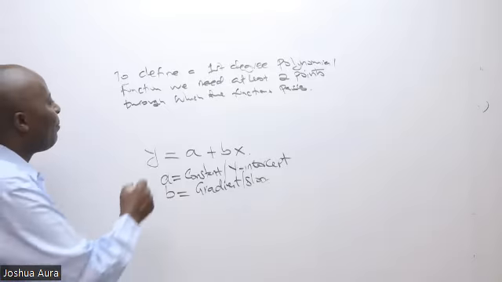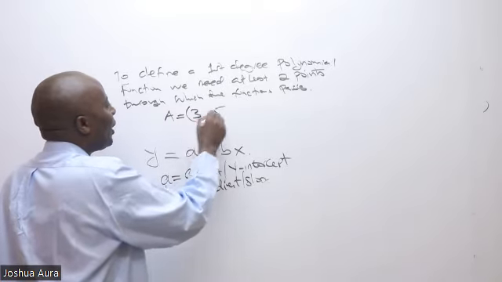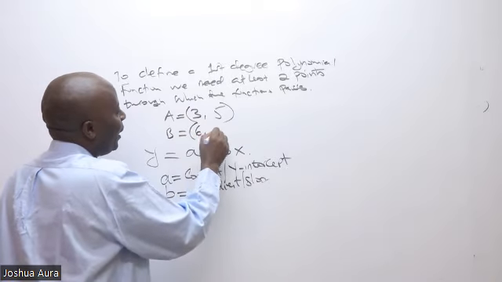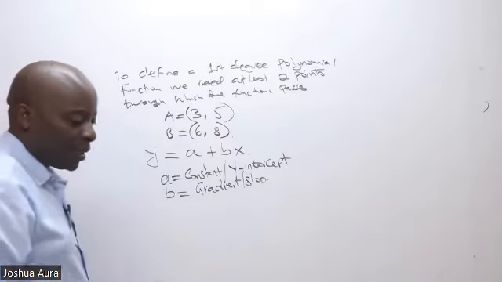So if, for example, you are given point A, which is (3, 5), and point B, which is (6, 8), at least 2 points must be given.